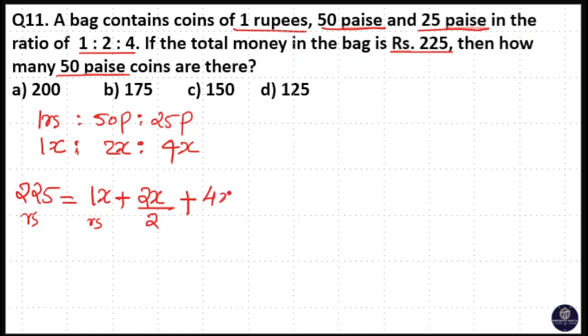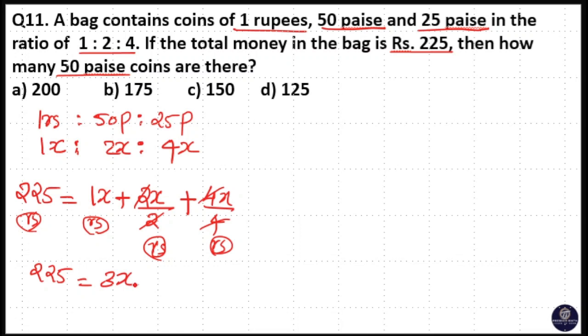So 4x by 4. Now these terms are in rupees. So 225 is equal to, 2 cancel, 4 cancel, that is x plus x plus x, 3x. So x is equal to 225 divided by 3. That means 75.